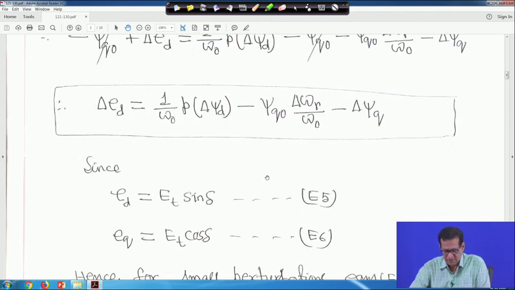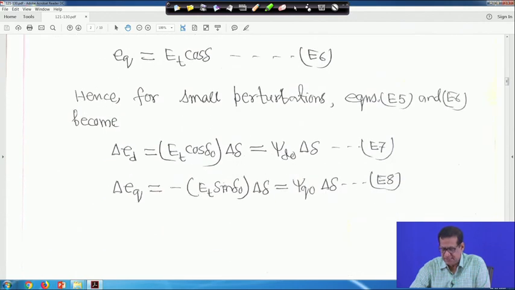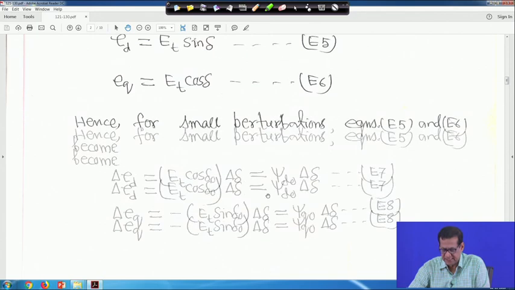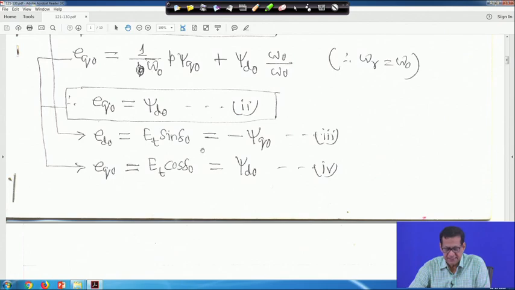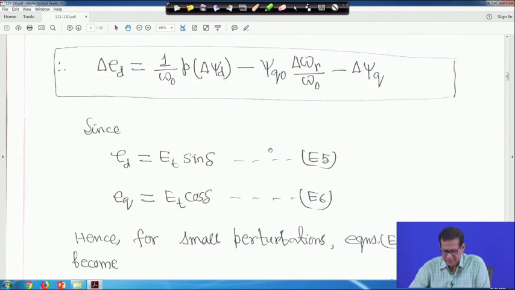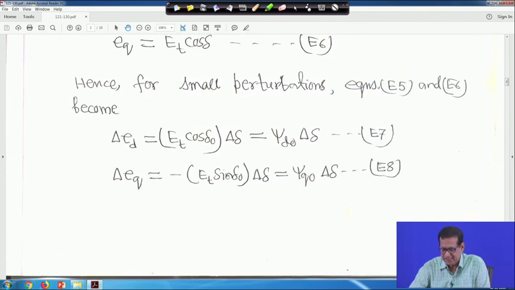So if you take this perturbation, it will be psi q 0 delta. Once again, let us go to E t sin delta 0. Here it is, look here, E t sin delta 0 is minus psi q 0. That is why we are substituting that E t sin delta 0 is minus psi q 0, minus and minus plus, so psi q 0 delta. This is equation E 8.